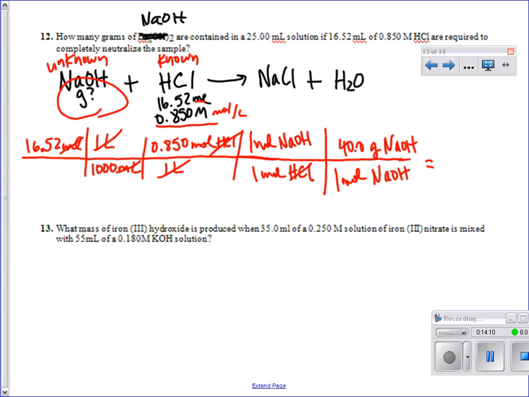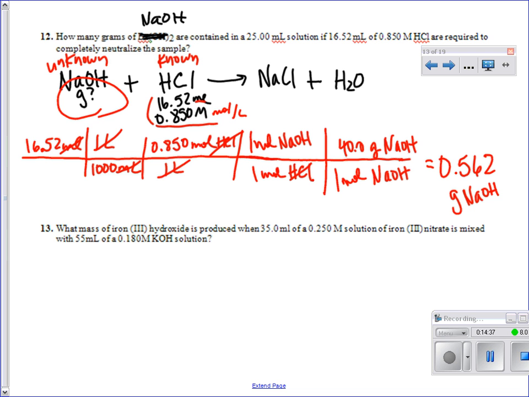So let's go ahead and solve. 0.5617. So 0.562. We'll stick to 3 because of the molarity on the HCl. 0.562 grams of NaOH are required to exactly neutralize that much acid.